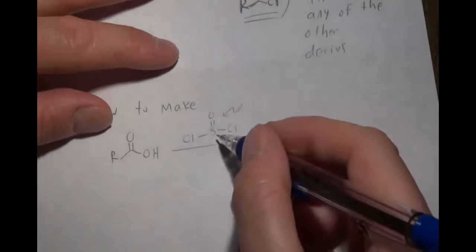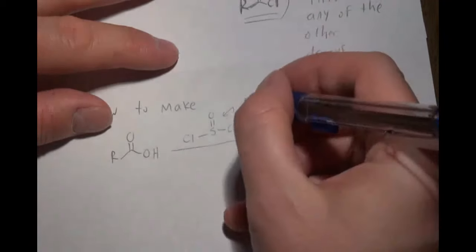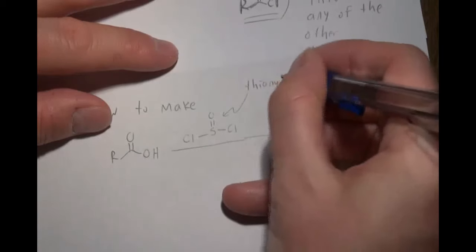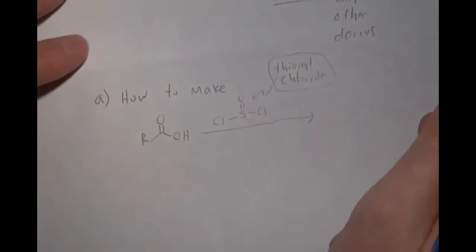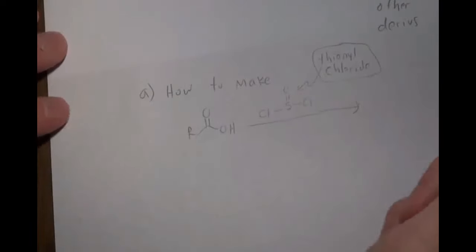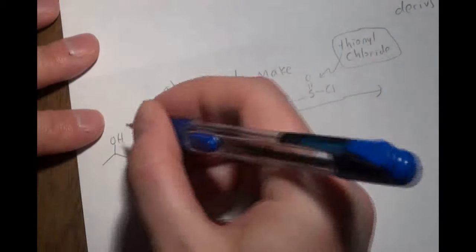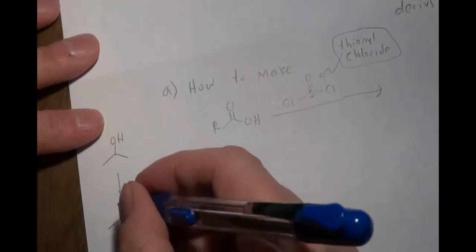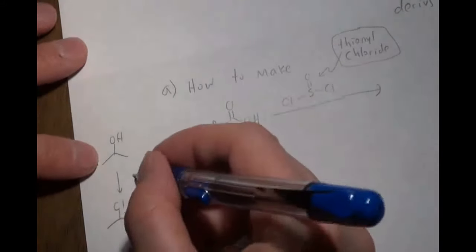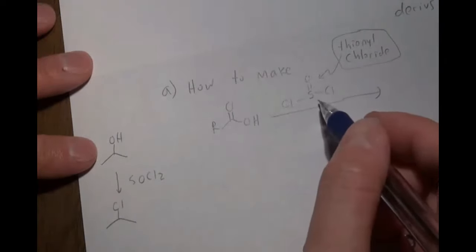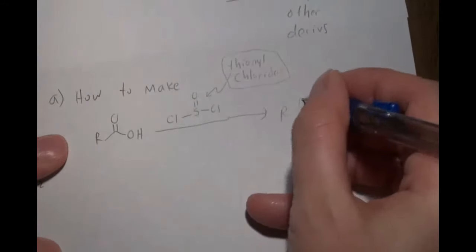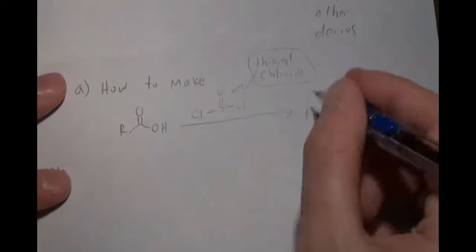It's SOCl2, S double bond O, Cl Cl, called thionyl chloride. You do know about this reagent because you learned about it. What did you use it for before? As early as Organic 1, the way to convert an alcohol to a chloride was SOCl2. Thionyl chloride, the same reagent. So in this case, we're converting a carboxylic acid to an acid chloride using thionyl chloride.